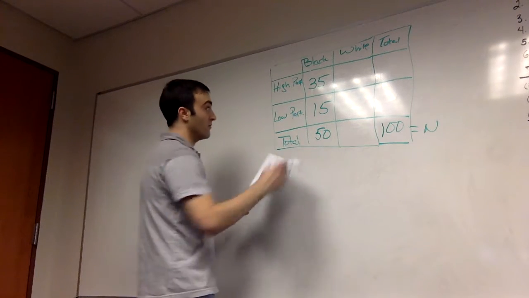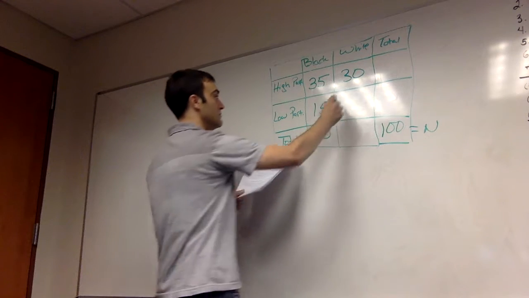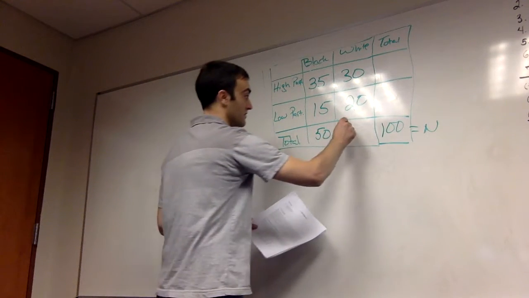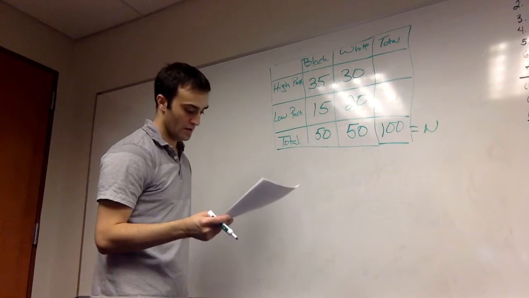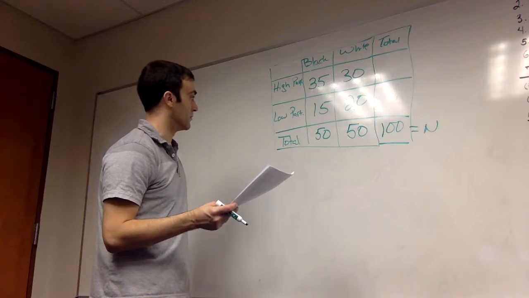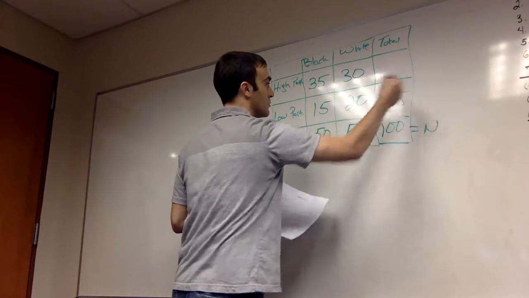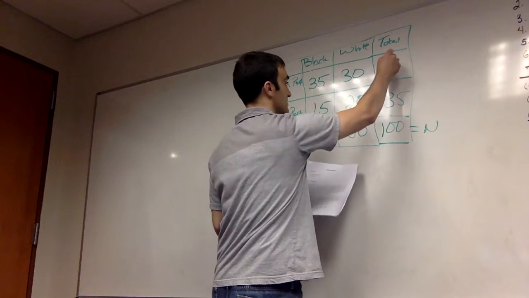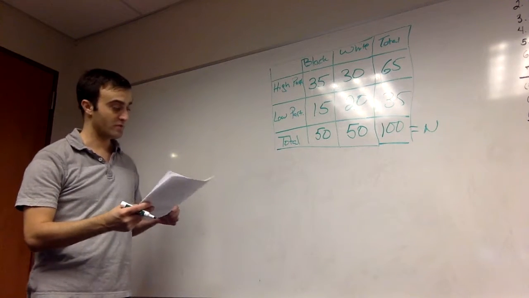Whites, we have 30 high participating whites, 20 low participating whites in city council meetings, and we've sampled a total of 50 whites. If you look to the row totals, we have a total of 15 plus 20, or 35 low participants, and 35 plus 30 high participants, 65. And so that's the table reproduced from your notes.